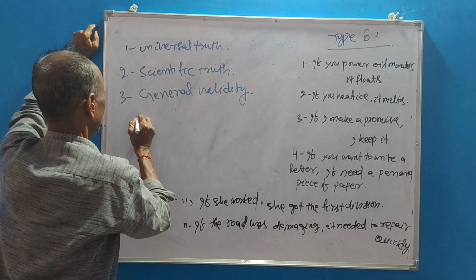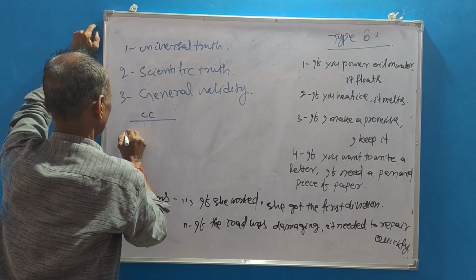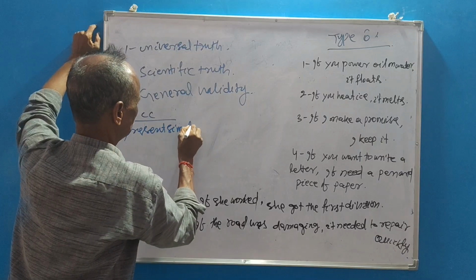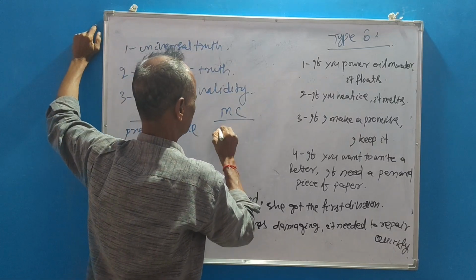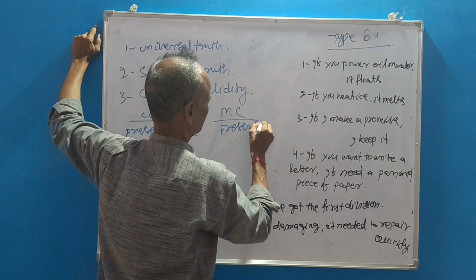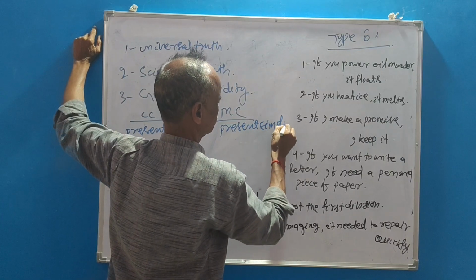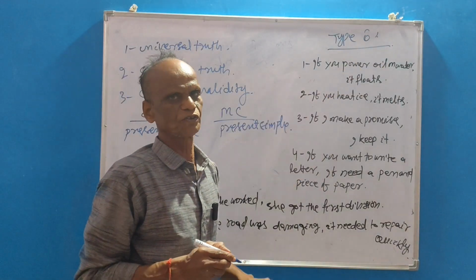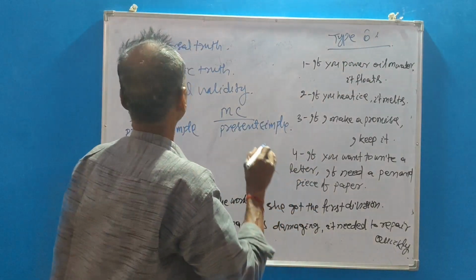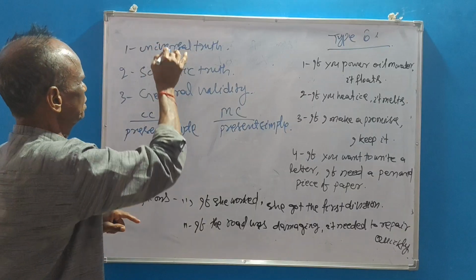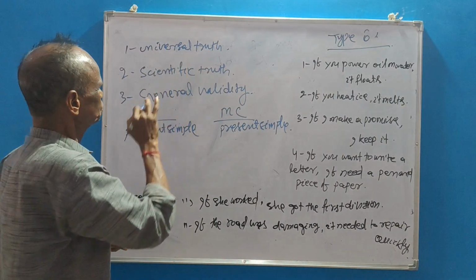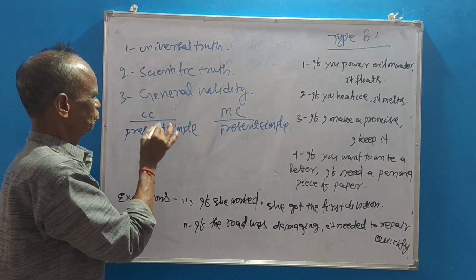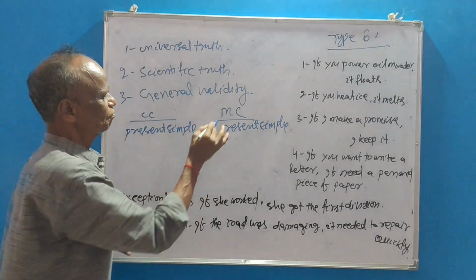And conditional clause, present simple. Main clause, present simple. When you are going to know about zero type conditional clause, you have to keep in your mind that it refers universal truth, scientific truth, general validity, and conditional clause present simple, main clause present simple.